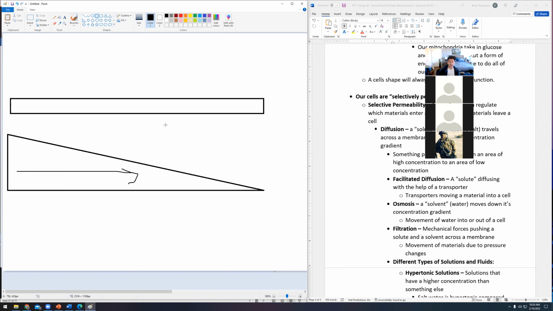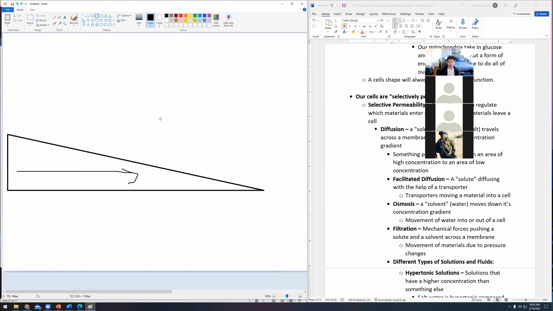So now let's say we put a little membrane in the middle of this, right? A little dividing membrane, but it's selectively permeable like your cells. It can let certain materials in and certain materials out. Well, then if I have a lot of materials over here, a bunch of stuff of very high concentration, all those little green particles, there's tons of them, right?